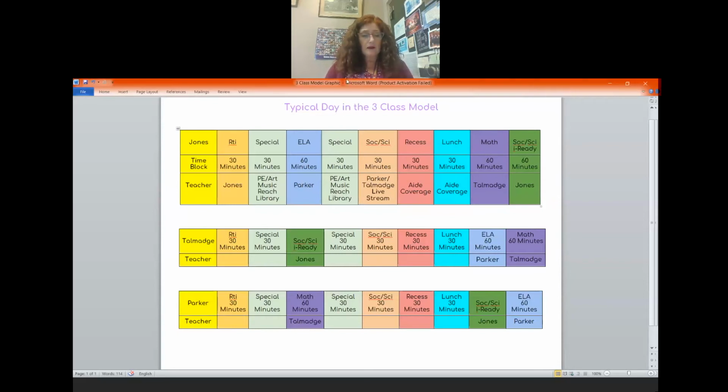This model has the students with Mrs. Jones for a total of 2 hours each day. The rest of their day, 4.5 hours, is exactly the same amount of time they would spend each day with their other teachers.